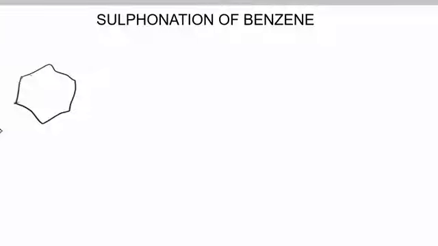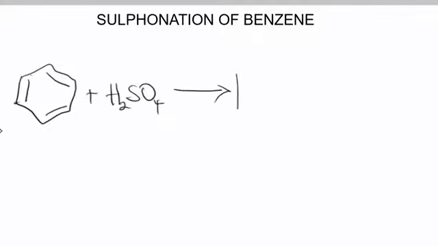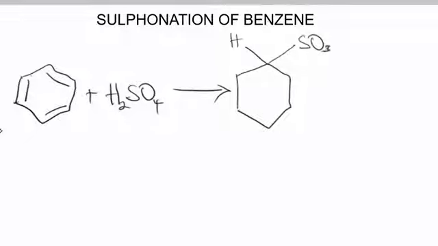So let's consider the benzene here. If it reacts with H2SO4, now I have SO3 here and I have my hydrogen here.